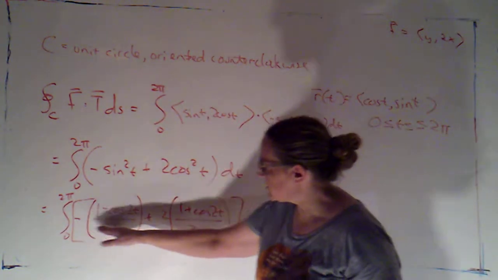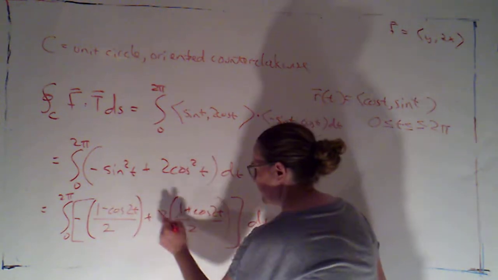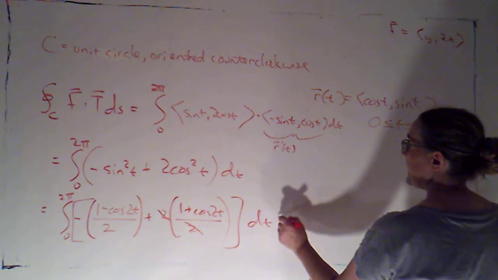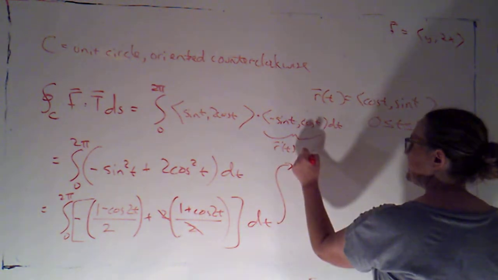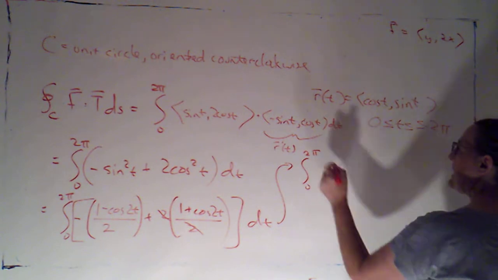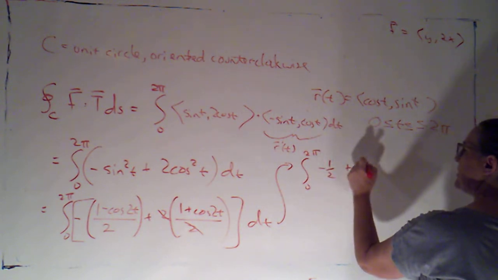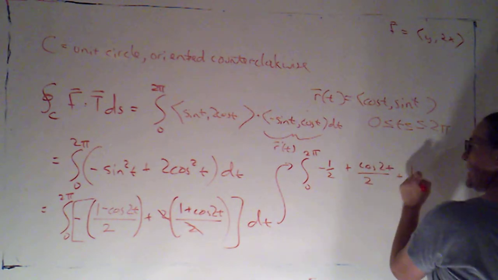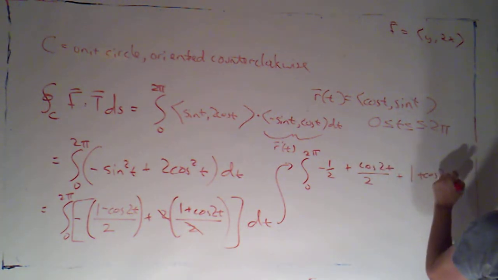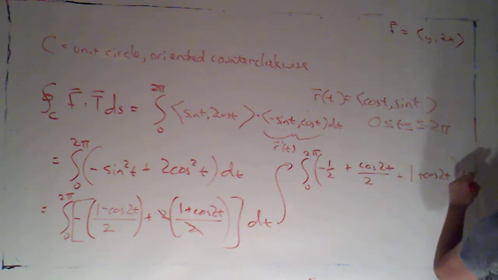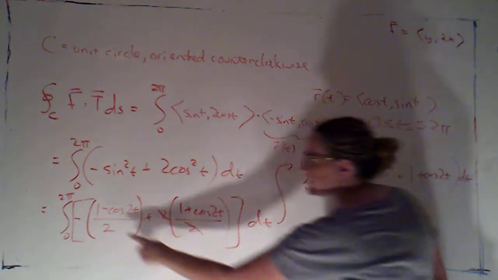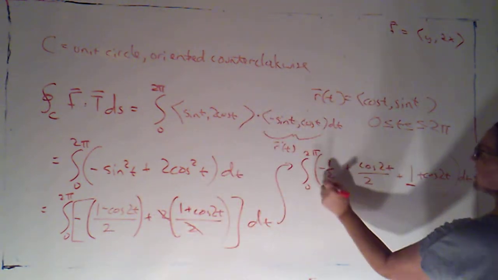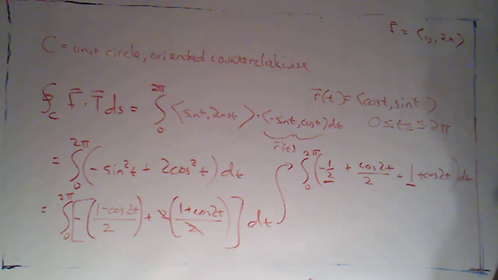I'm going to distribute the negative and distribute that 2 so that it cancels. So we get the integral from 0 to 2 pi of negative 1/2 plus cosine 2t over 2, plus 1 plus cosine 2t, with respect to t. That's going to allow me to consolidate my constants and my cosines of 2t.